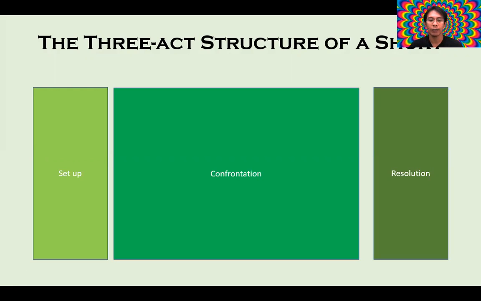And this picture, in terms of the size, might not be representative because usually the setup is way shorter than this, and the confrontation is a bit longer than that, and the resolution is also shorter. But this is just the easiest way to represent the division of the three parts, the three acts.